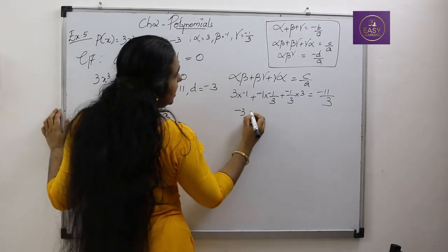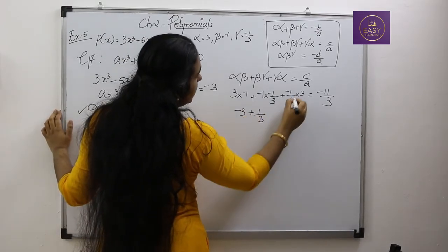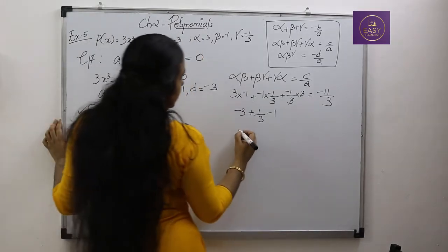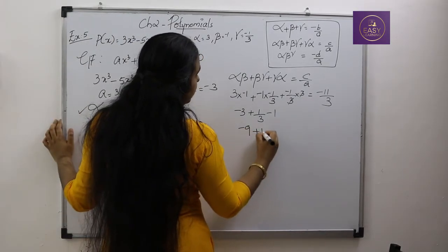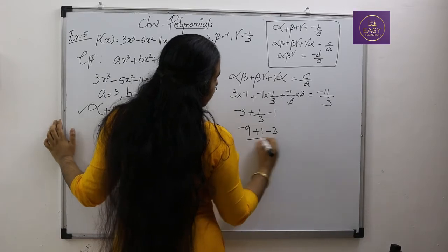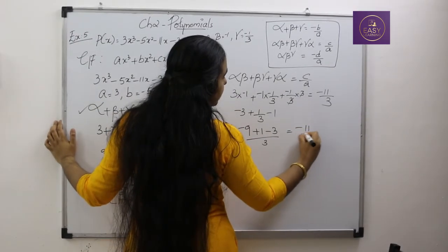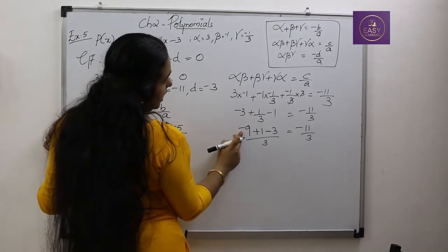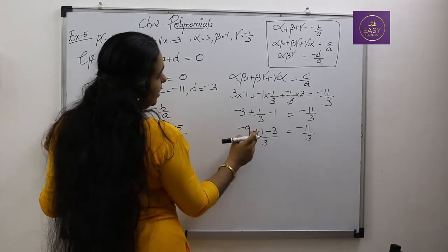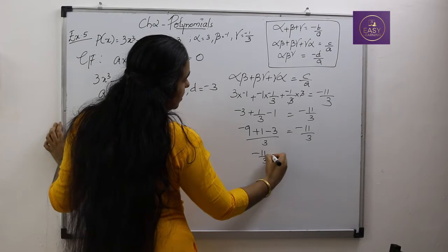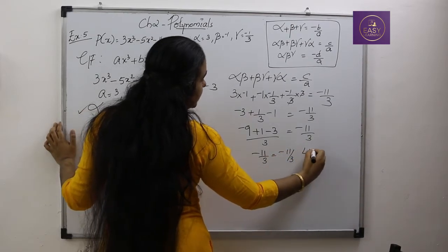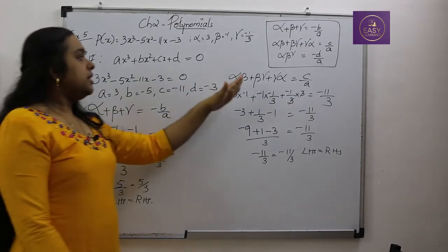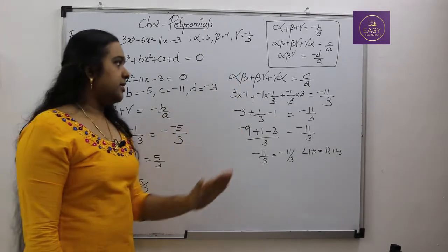This is minus 3 plus 1 by 3 minus 1. Then this will be minus 9 plus 1 minus 3 by 3 equals minus 11 by 3. This is 9, 10, 11, 12; 12 minus 1 is minus 11 by 3 equals minus 11 by 3. That is LHS equals RHS. Hence verified. Isn't it? This relationship is also verified.